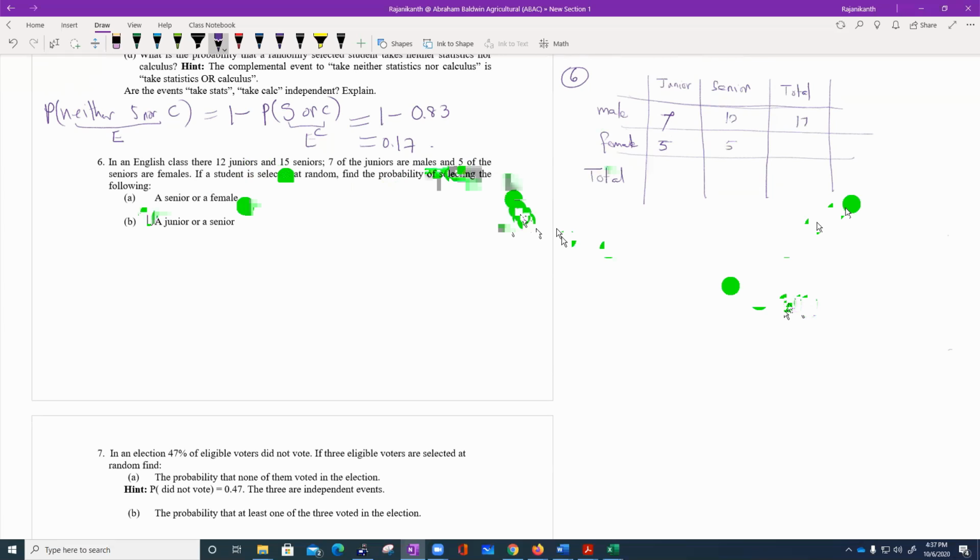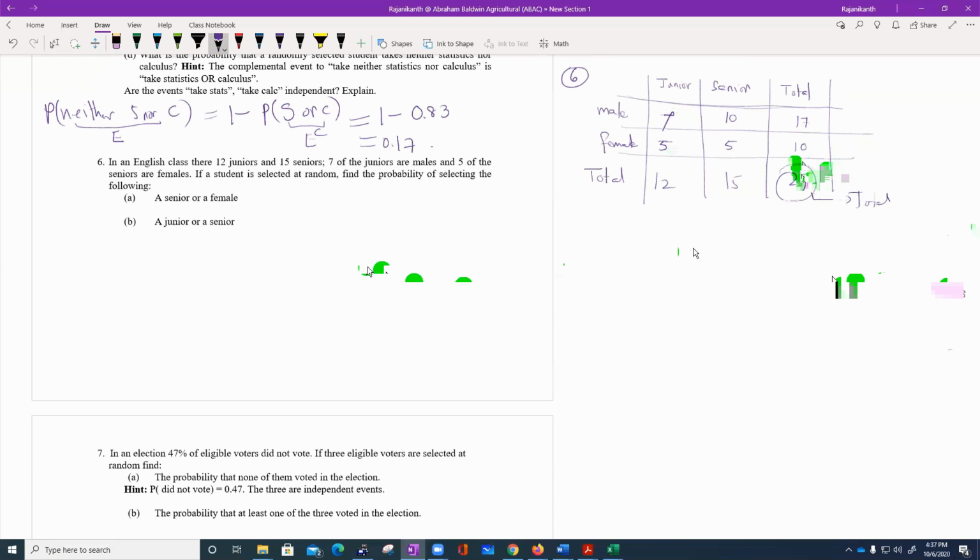So here 17 males in total, 10 females. If we add all, 12 juniors, 15 seniors, 27 in total. So you could make a table like that. Once you have the table, it's going to be very easy.